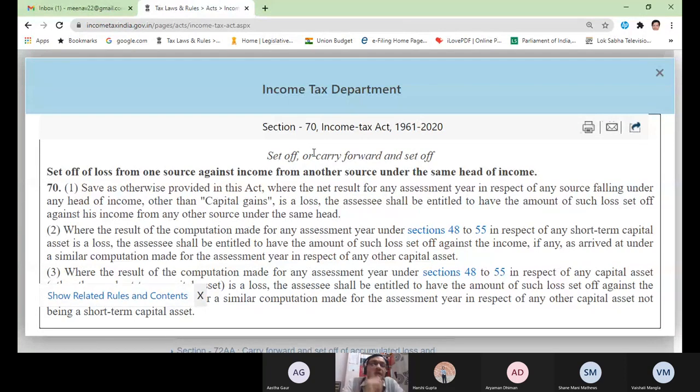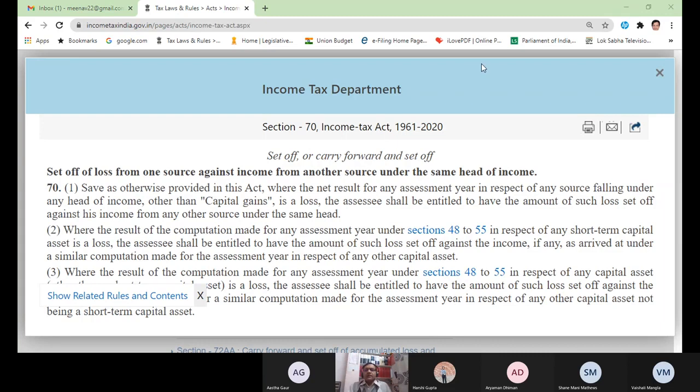If house property 1 has negative income of 1 lakh, house property 2 has positive income of 30,000, house property 3 has positive income of 50,000. So what is my first step? Intra-head. Within the same head, first you try to adjust negative. What is the net result? Let me show you again the word file.